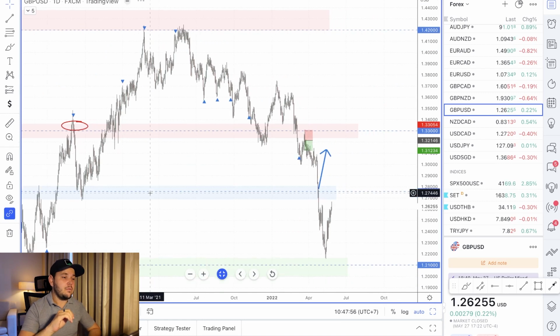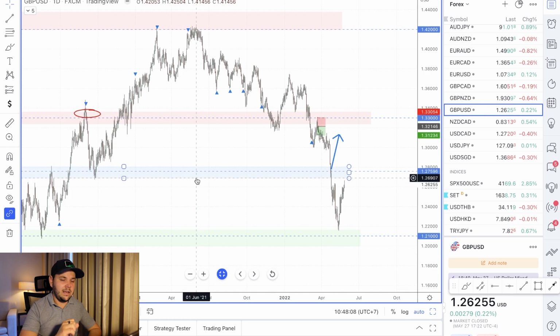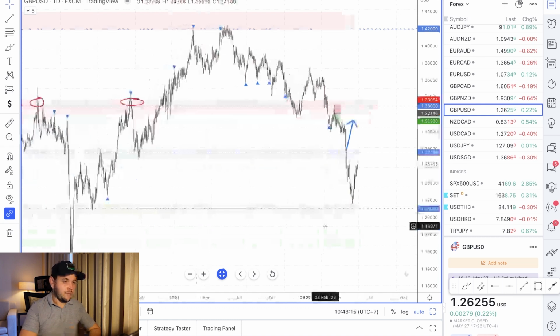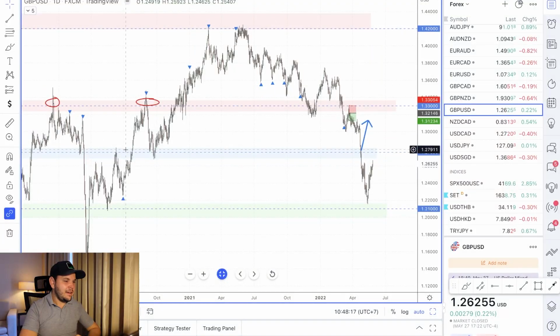Okay, so now what we want to do is identify the zones where the market is likely to reverse. We need to have a range, and we need to have a zone within that range to look for reversals. I'm going to zoom out in the chart, and what I'll see is that we have price bouncing between levels. We have this level here, that is a round number, 1.33, a very reliable level where price bounced in the past many times.